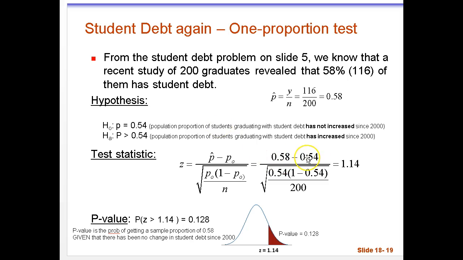Do not get these confused. Don't switch this around and have the 0.54 minus the 0.58, or you're going to get different answers. You will end up with a negative z-score, and that will change the water on the beans. So it's the sample proportion minus the population proportion, the population parameter of 0.54.